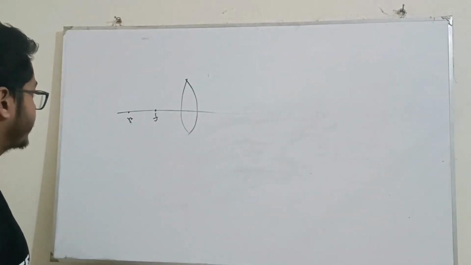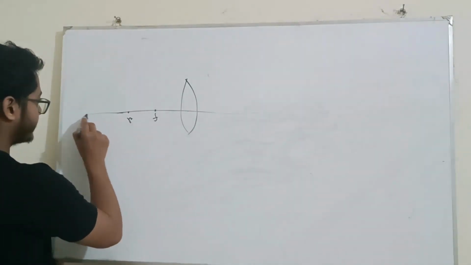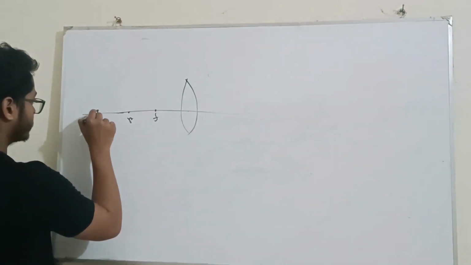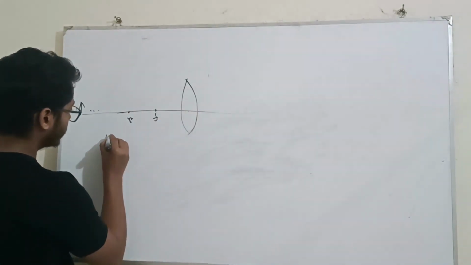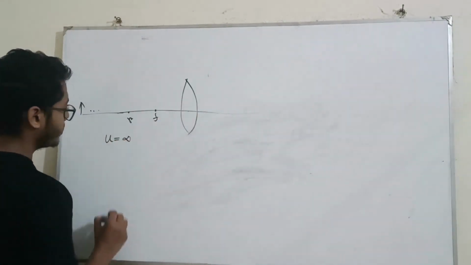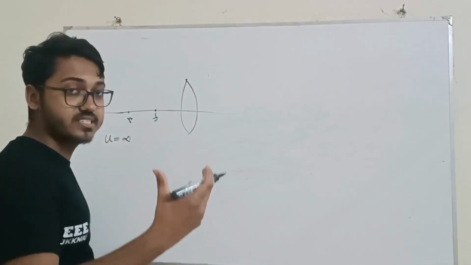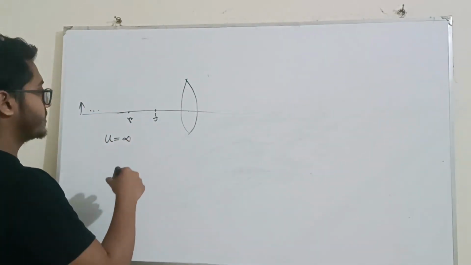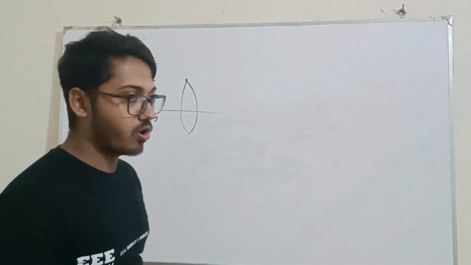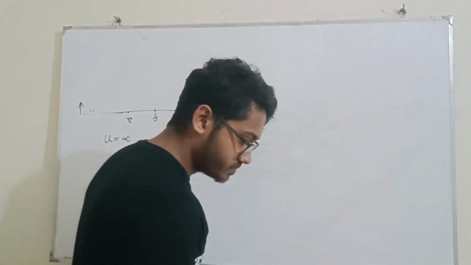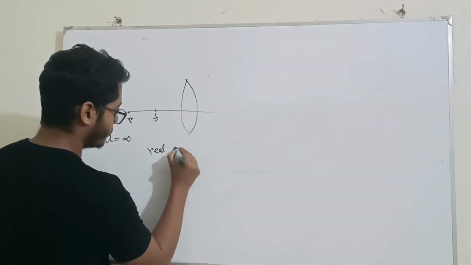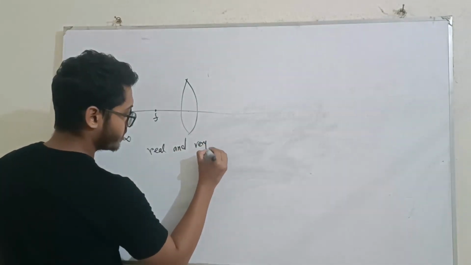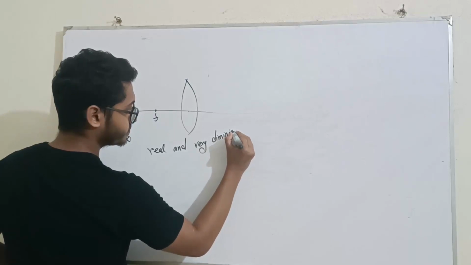If an object is placed at an infinite distance, that is u is equal to infinity, where u means the distance of the object, then the image that will be formed will be real, very diminished.